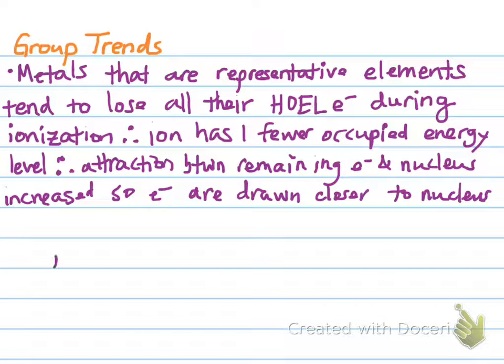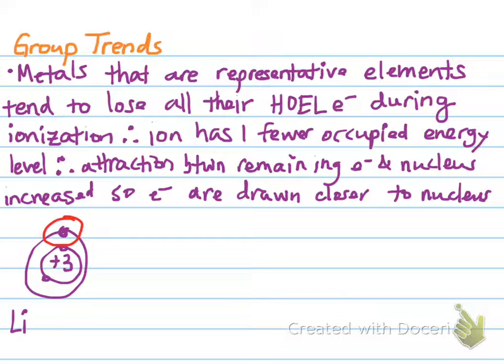So we'll look at lithium just because it's the simplest one. 3 protons, so 2 electrons in its first energy level, 1 in its second. So this is lithium. And when we lose this electron, lithium gets the electron configuration of helium. It still has 3 protons, but now it only has 2 electrons. So it feels like it's helium.